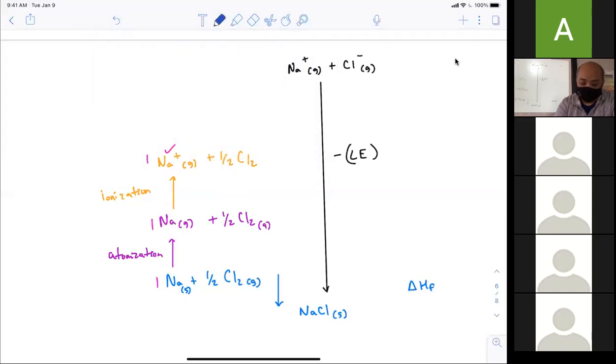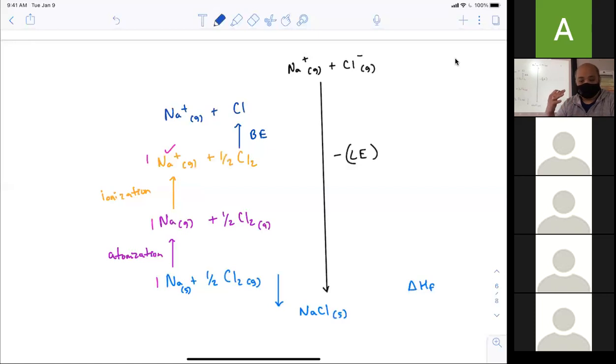So what do we have to do to Cl2 first? Bond enthalpy. Now, the question is, if this is bond enthalpy, how much bond enthalpy have I done in this Born-Haber cycle?